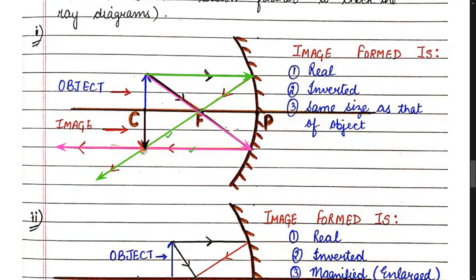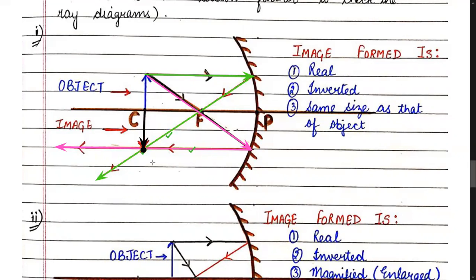The arrow of the image should meet the point of intersection of the two reflected rays. So now if we see the image, is it straight as compared to the object or is it inverted? Very good. The image is inverted.